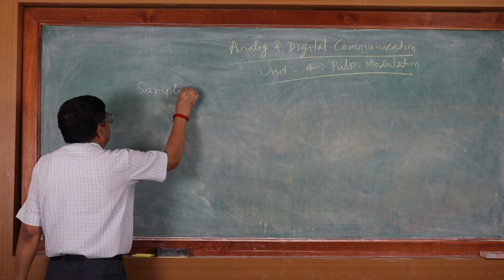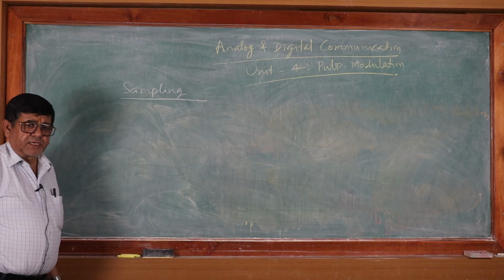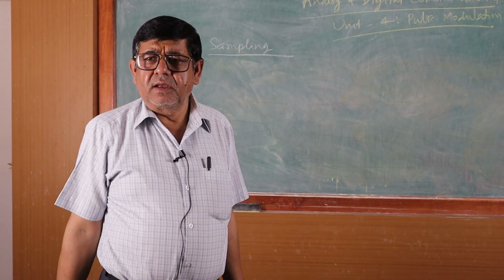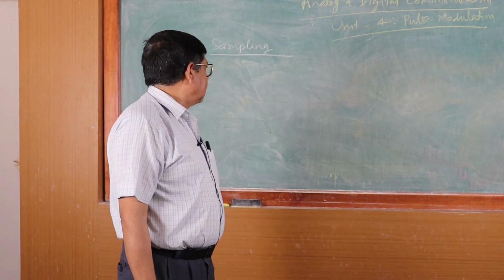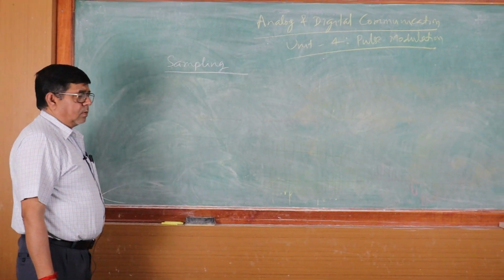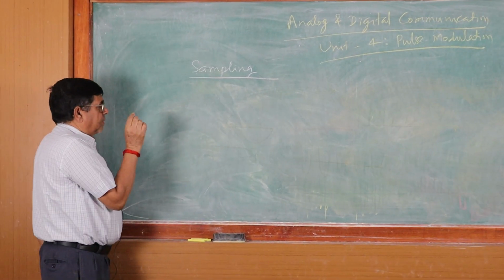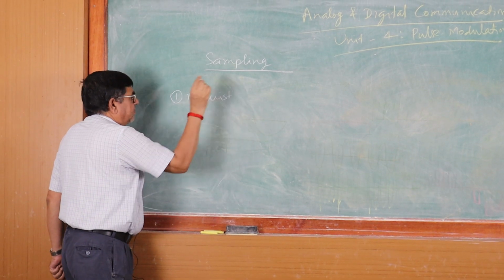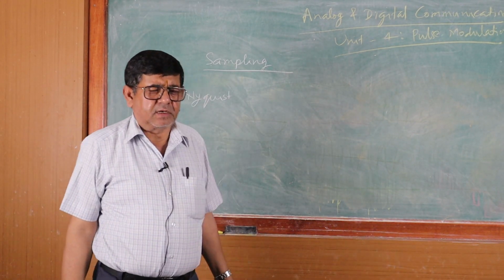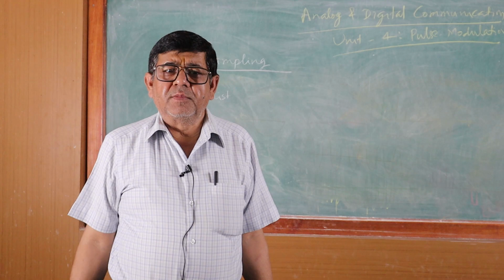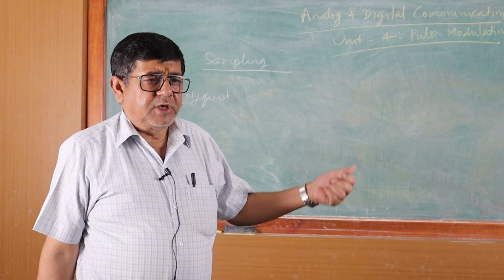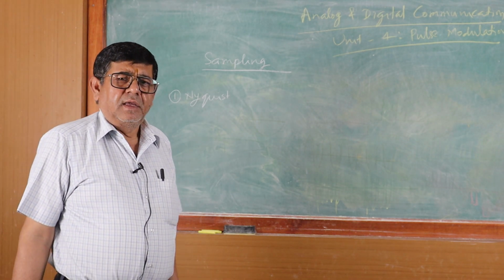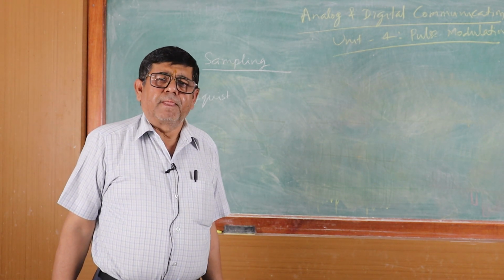In pulse modulation we are using, instead of a continuous time signal, a pulse train or impulse train. So sampling was given by Nyquist. There were two scientists in the field of communication who revolutionized the communication system, and because of that we are seeing the modern communication system which has very high transmission rate, very low bit error rate, and much more.